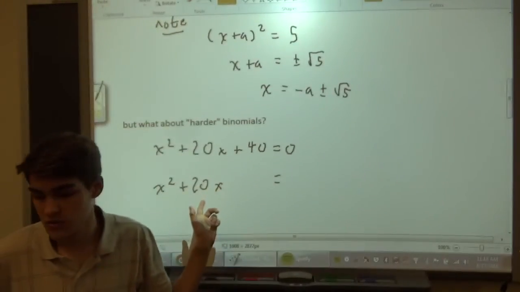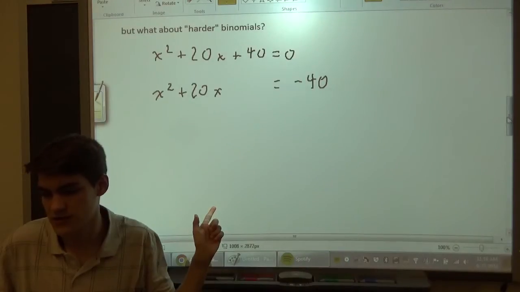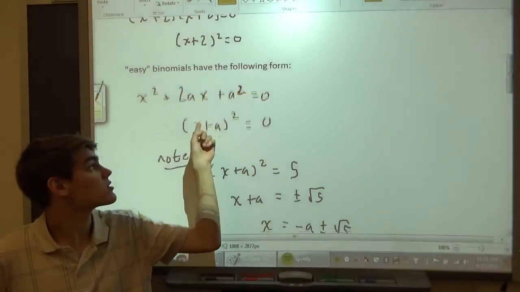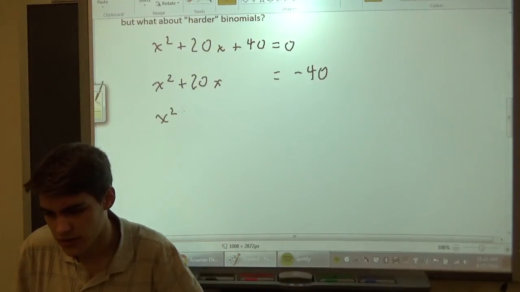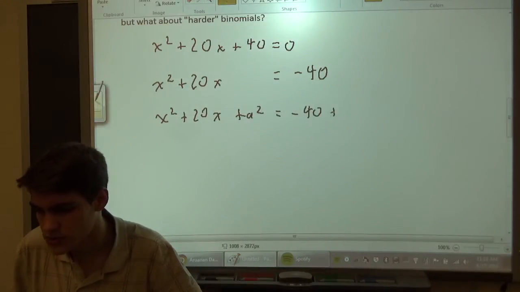So the first thing I want to do is move the 40 over. So you subtract 40 from both sides. And it's already starting to look a little bit more like this. We're just missing one thing. We're missing an a squared, right? So I'm going to go ahead and write that in. Plus a squared is equal to negative 40 plus a squared.